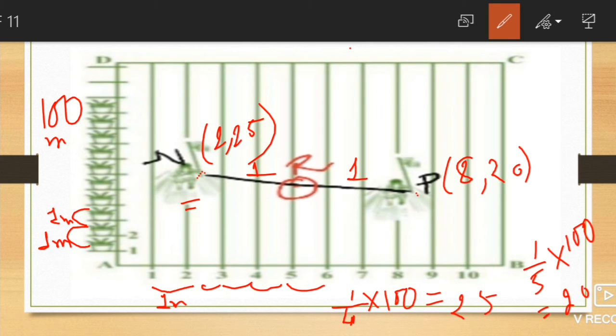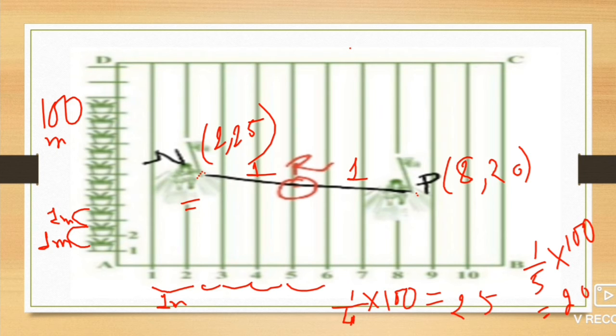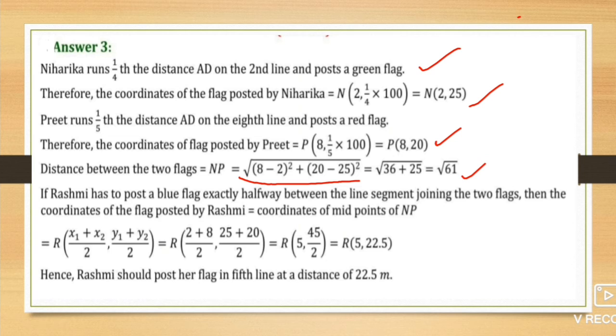I have to find the coordinate of Reshmi, the coordinate of point R. As you can see, R divides NP in 1:1 ratio, so R is the midpoint of NP. You can use the midpoint section formula and evaluate the coordinate of Reshmi.